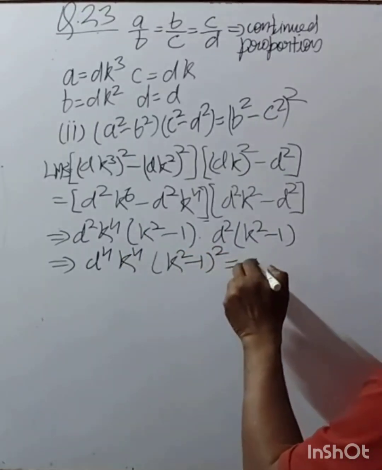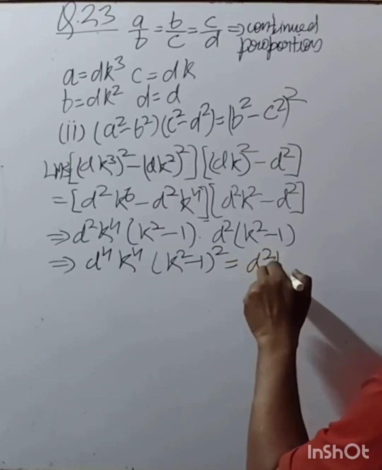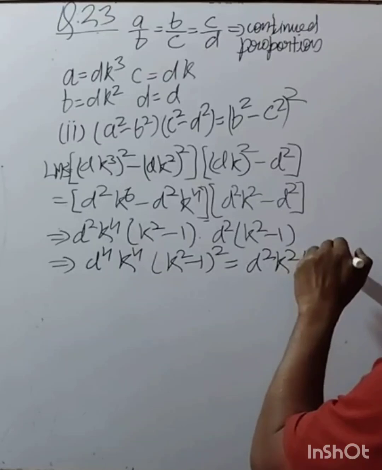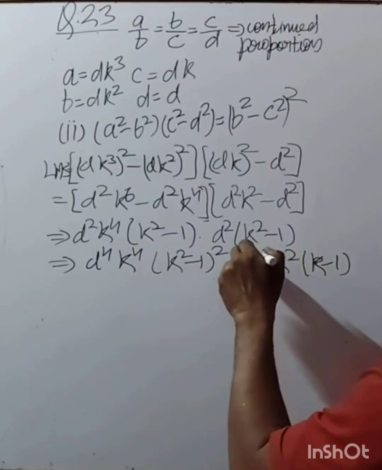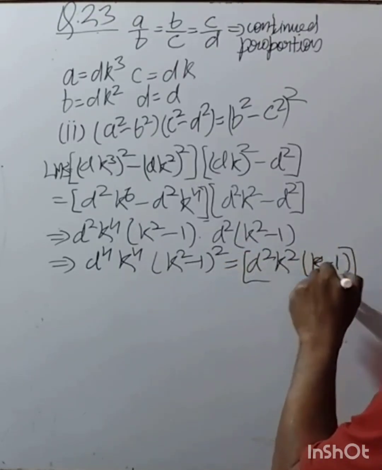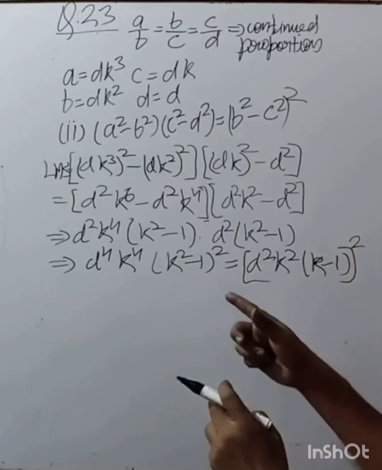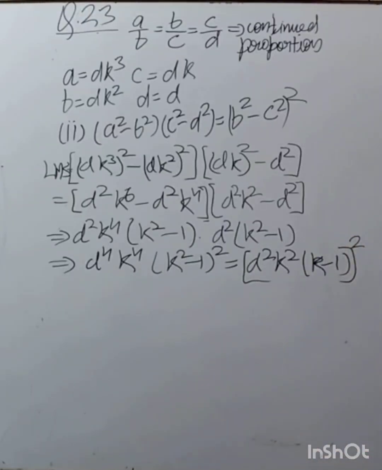So you can write d square k square bracket k minus 1 whole square. It is multiplication, so we can write it like this. Hello, you get this? Okay, great.